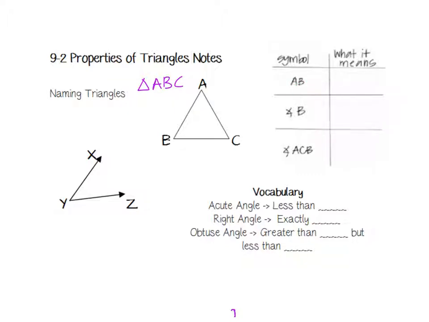When you see this AB, what it's talking about is this segment here. And so what we're really talking about is the side from A to B. Now when you see this symbol right here, sometimes it has that arc in it, sometimes it just has that, but if you notice it looks a lot like a less than symbol, except it has a flat bottom.